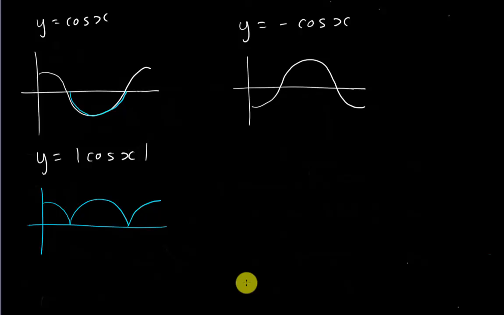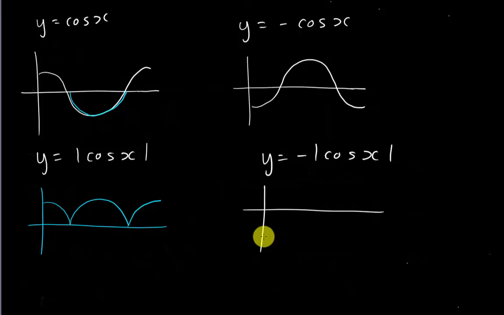Same thing, if you have y equals negative modulus cos x, it's just a reflection of this one. So your graph basically will look like this. Okay, so definitely you will need to know the angle. This still remains the same. The angle will never change. So this is 90, this is 0, and then this is the x-axis, this is the y-axis.